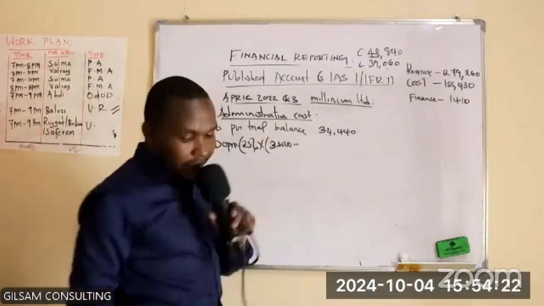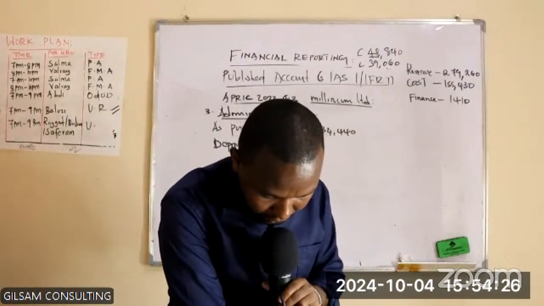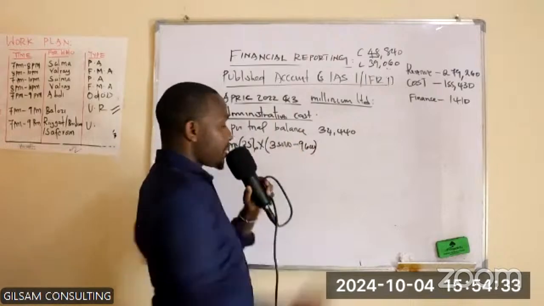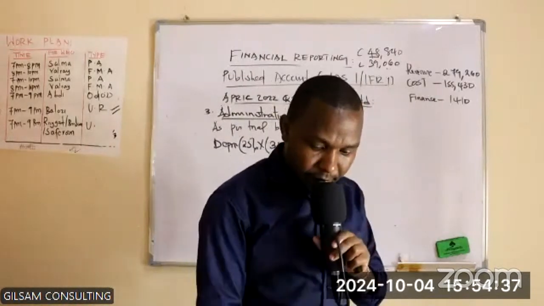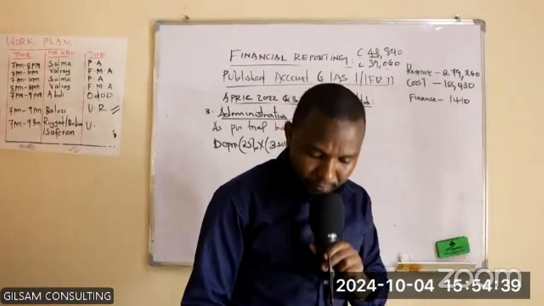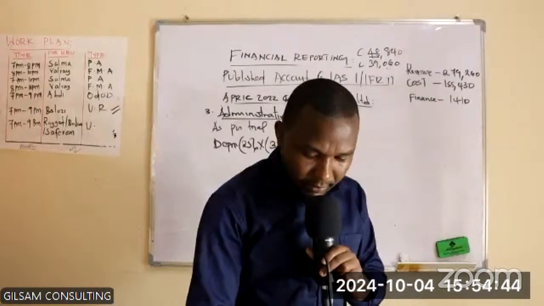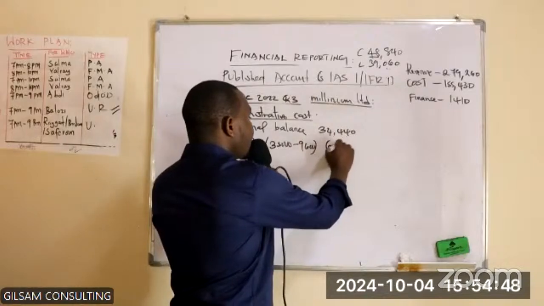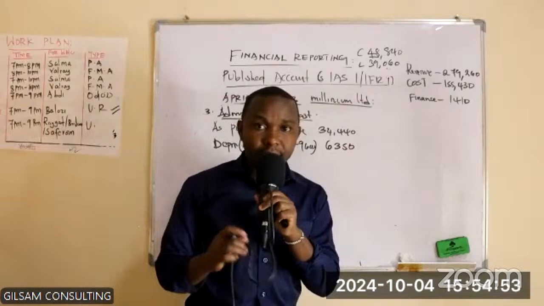I subtract accumulated depreciation on furniture and fittings, that is 9,600. Then I multiply by 25%. Take your calculator. I don't want people using the phone for calculation. So 35,000 minus 9,600 times 25%, we are getting 6,350.